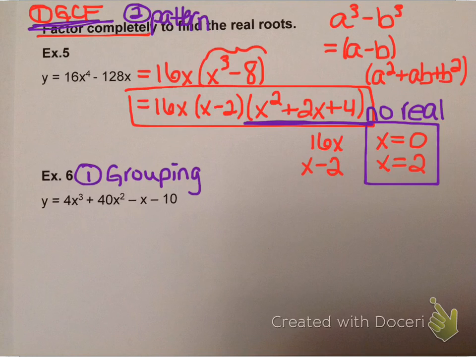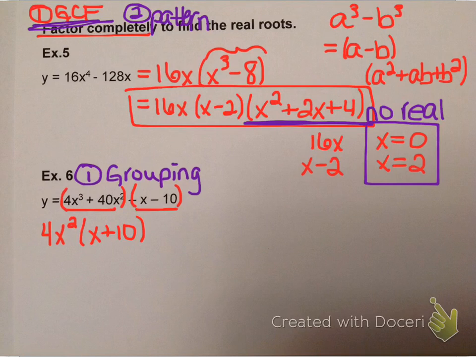Okay, so if I start my grouping, if I group the first two terms and group the last two terms, the GCF for the first group is a 4x squared, and it leaves behind an x plus 10.